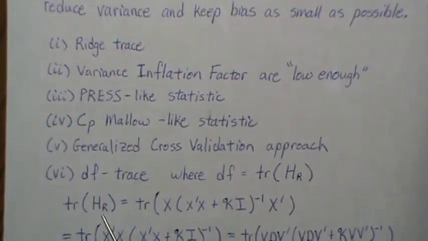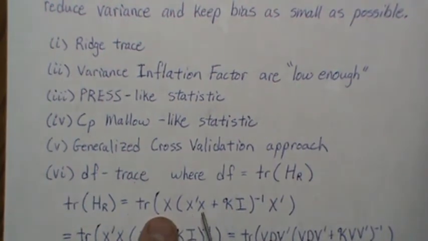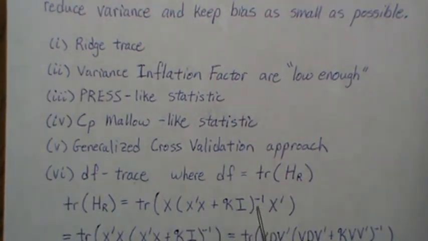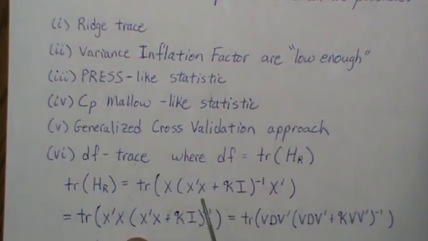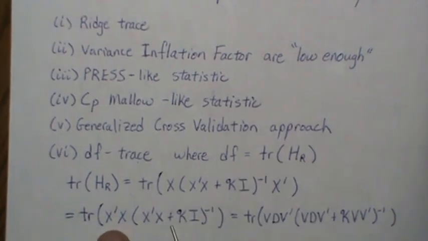So the trace of the hat matrix in ridge regression is this. Normally it's X times X transpose X inverse times X transpose, but we have the shrinkage parameter in this matrix here to stabilize this inverse. Now, since it's the trace, this matrix can be moved to the front and we're left with this.